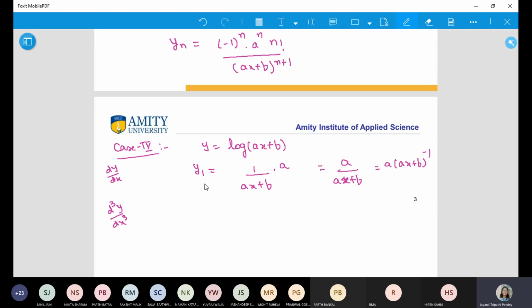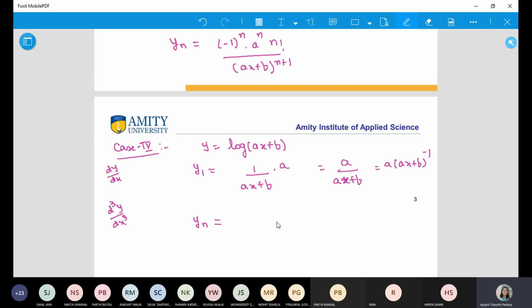If you have y2 and you want yn, how many times will you differentiate it? n minus 2 times. Got that? If you have y2, you will differentiate it n minus 2 times to get yn. If you have y1, you will differentiate it n minus 1 times to get yn. So now, to find yn, I will differentiate (ax plus b) to the power minus 1, n minus 1 times.